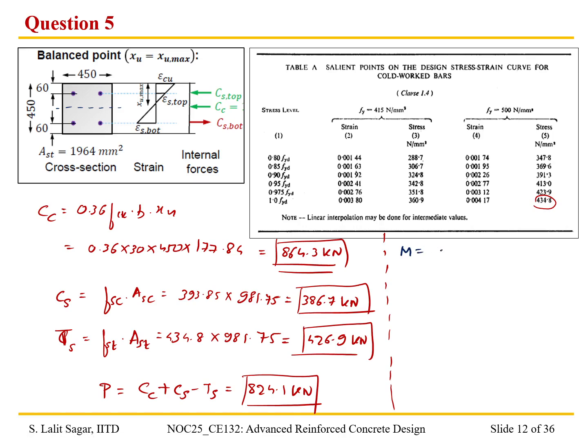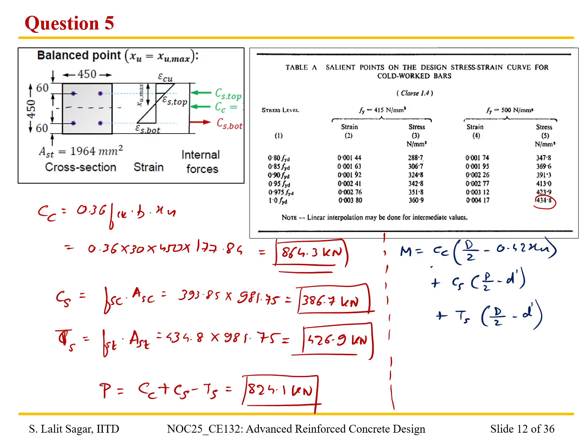M is equal to CC into d by 2 minus 0.42 XU, plus CS into d by 2 minus d prime, plus TS into d by 2 minus d prime, right?